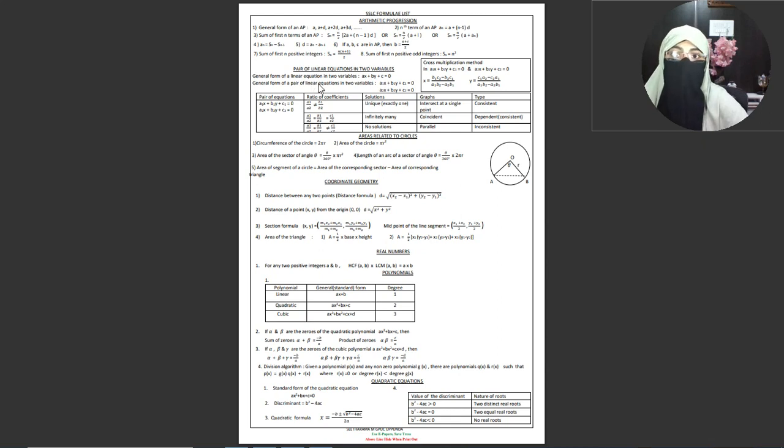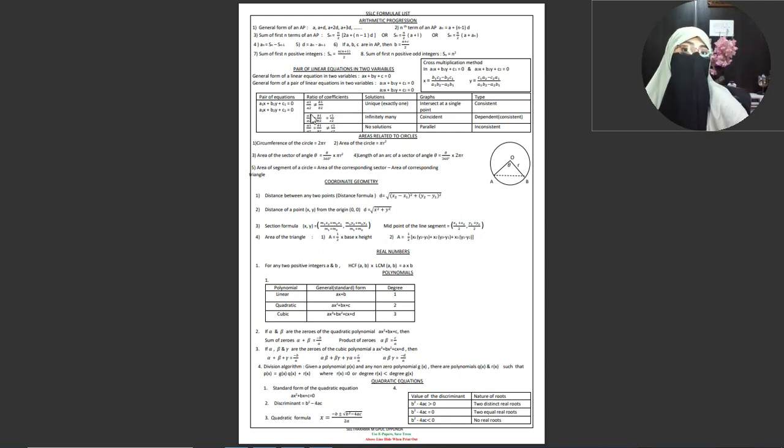Then the pair of linear equations in two variables. We say two because we are just considering x and y. This is the table which you need to remember, very important. They will ask you the ratio of the coefficients and the type of solution you will get.